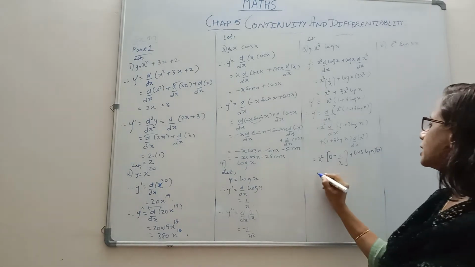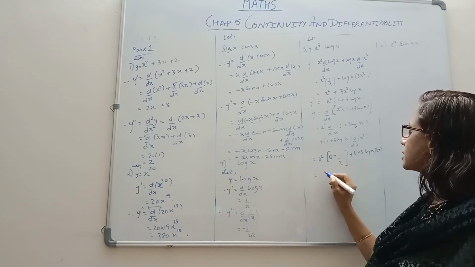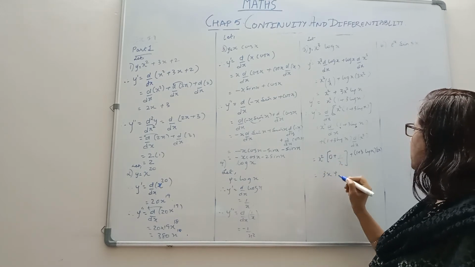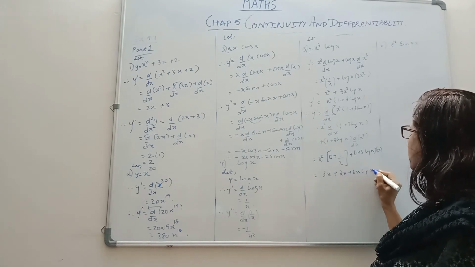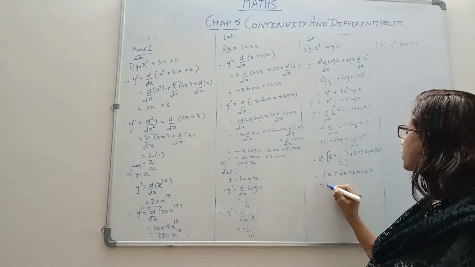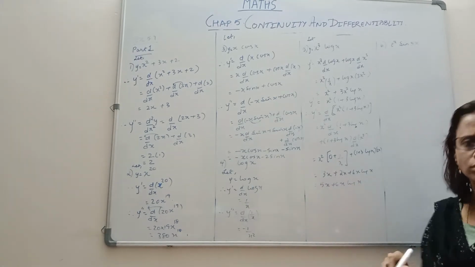So finally this is actually only this much, right? So the x can cancel, it will become 3x plus 2x plus 6x log x. So that is 5x plus 6x log x. So you only can take the x out, right?